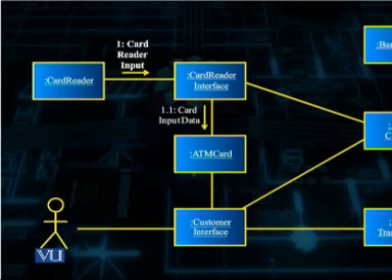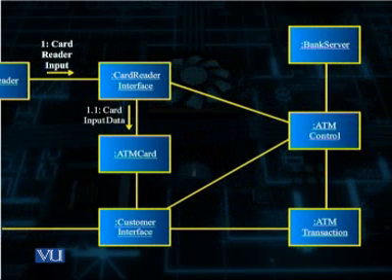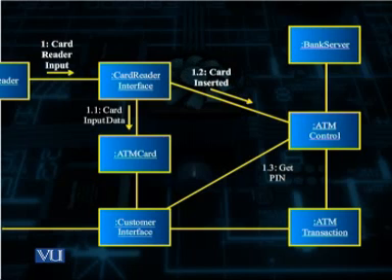The card reader interface then sends that card input data to the ATM card, which is again an embodiment of an entity of ATM card in our software system. The card reader interface also sends a message to the ATM control which says card inserted.